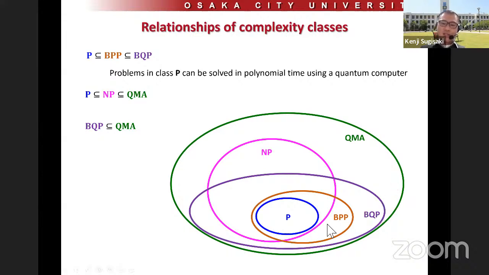This is very natural: a problem that can be solved in polynomial time on a quantum computer can be verified in polynomial time using a quantum computer. Another important thing is that NP is not included in BQP. So NP is here, and BQP is here.